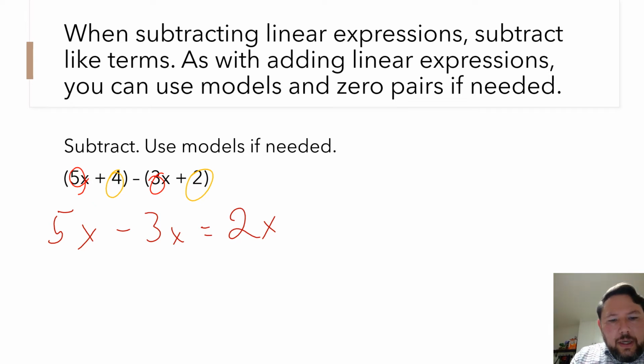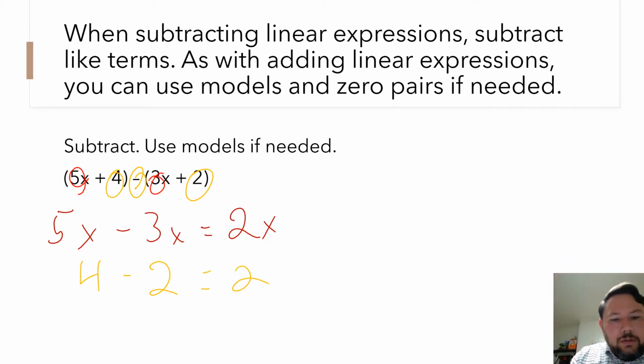And then we're going to have 4. Let's change that color since I circled in this orange color here. There we go. We have 4, minus 2. We have to remember that we're dealing with that minus sign. That's why we subtracted 3 as well. So this is 4 minus 2, and that equals 2.